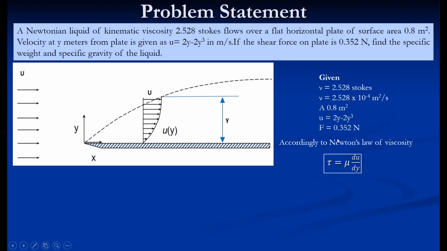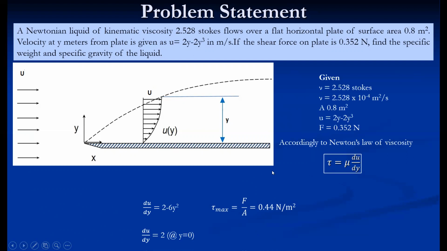According to Newton's law of viscosity, tau is equal to mu into du by dy. So we calculate du by dy by differentiating this with respect to y. It's 2 into 6y square, and at the plate, that is at y equal to 0, its value becomes 2. So du by dy is 2. As force is given, we can calculate tau, that is tau max, because it is asked at the plate.